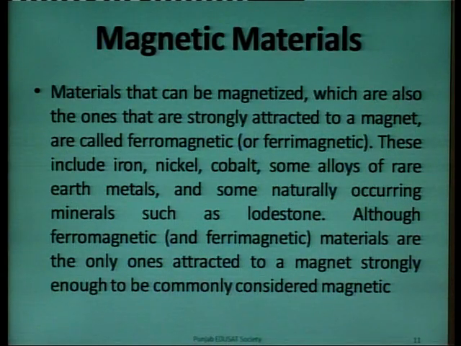So, now we are having the magnetic materials. The materials that can be magnetized, which are also the ones that are strongly attracted to a magnet, are called the ferromagnetic materials.